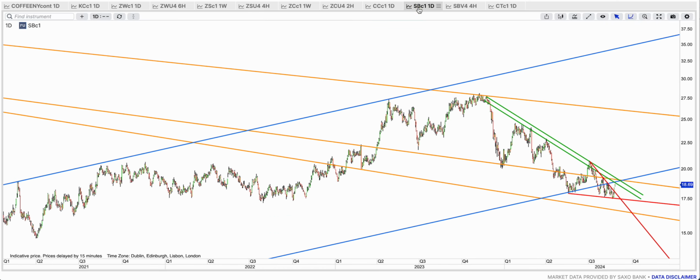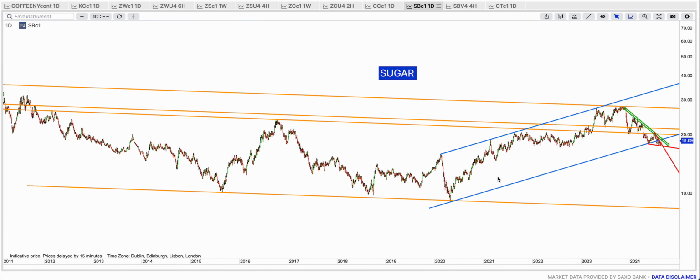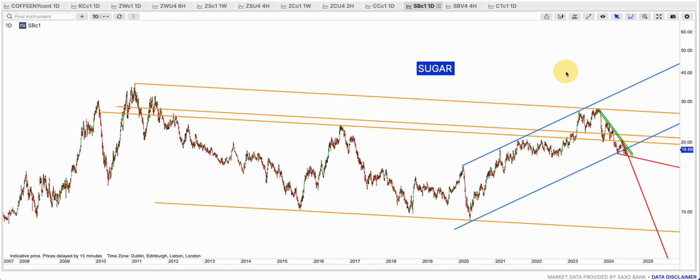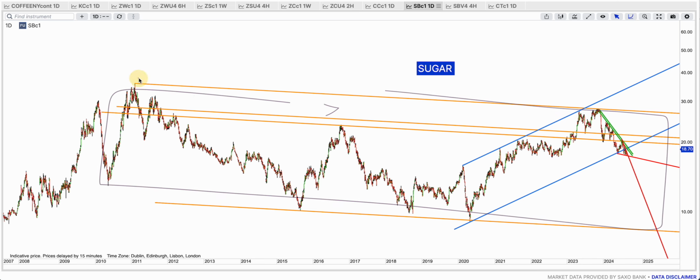Sugar, the current action is a little bit of a question mark for me, but around $28, I gave the bearish signal that it is going to stay inside this golden sideways, giant bull flag.